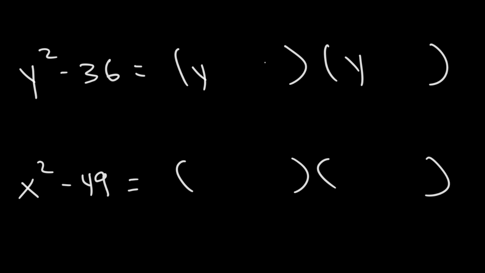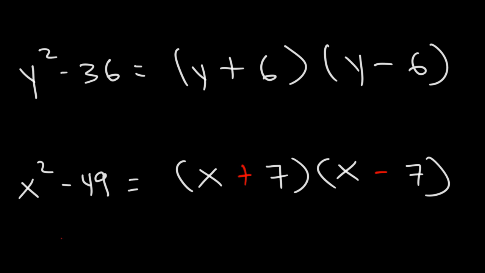The square root of 36 is 6. So this is going to be y plus 6 and y minus 6. Now for the second example, the square root of x squared is x. The square root of 49 is going to be 7. So then we're just going to have a positive sign and a negative sign. So it's x plus 7 times x minus 7.